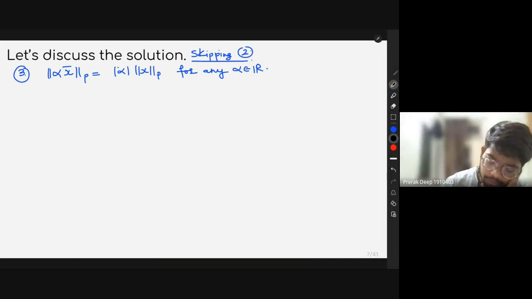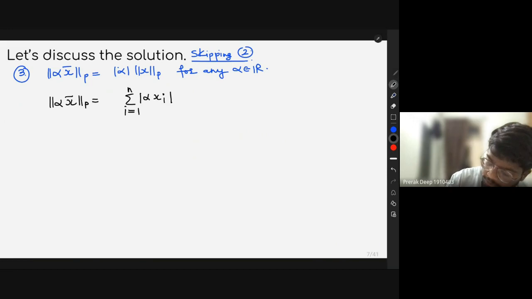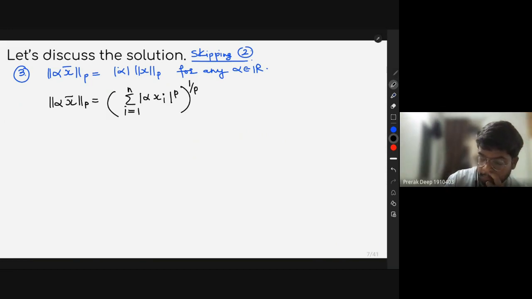Okay. So now, I just need to use the definition. So what is the definition of the norm? It is just the summation, i varying from 1 to n, of the modulus of xi to the power p, whole to the power 1 over p. So just a quick recall here.